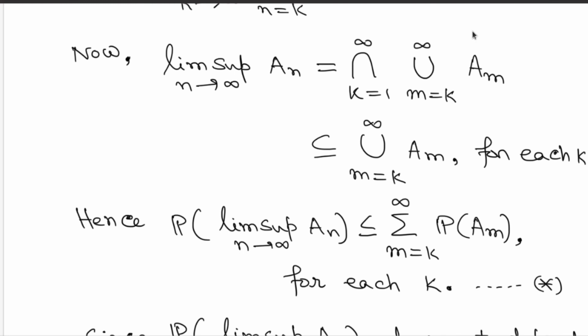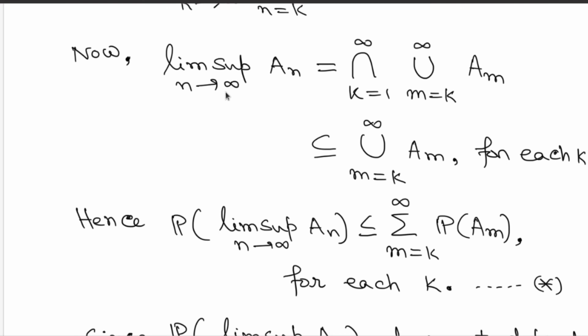For each fixed K, the limit superior is a subset of that, just by definition. But now to claim that limit superior An has probability 0, we are going to look at the probability of this union. That's the procedure that we are going to follow.